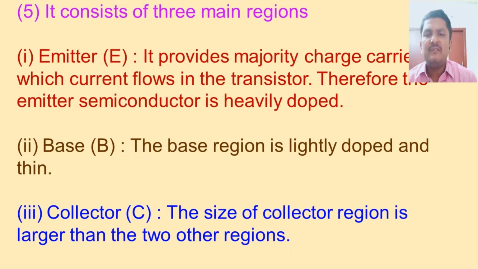And already we discussed there are two types of transistors, PNP transistor and NPN transistor. In PNP transistor, the base is N-type semiconductor and emitter and collector are P-type semiconductors. In NPN transistor, the base is P-type semiconductor and the emitter and collector are N-type semiconductors.